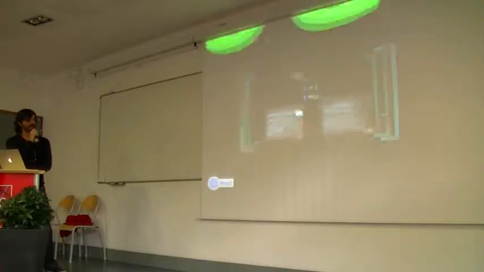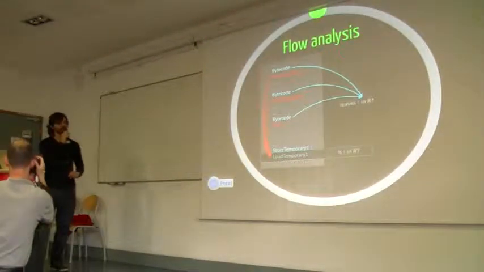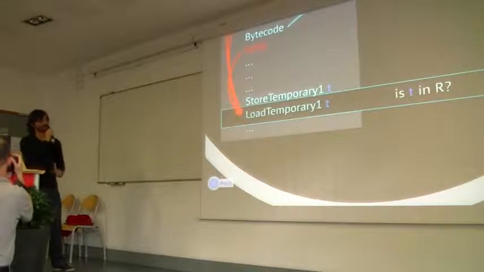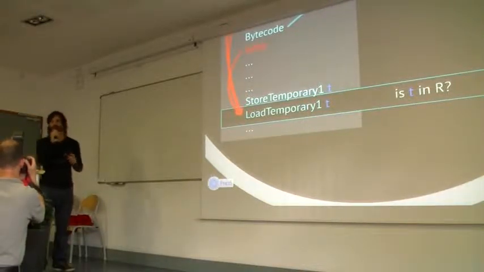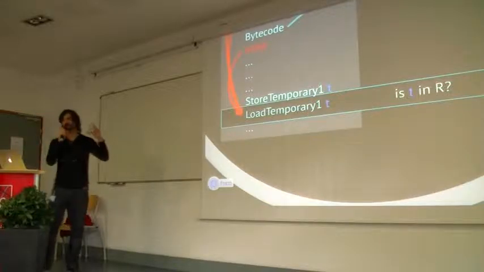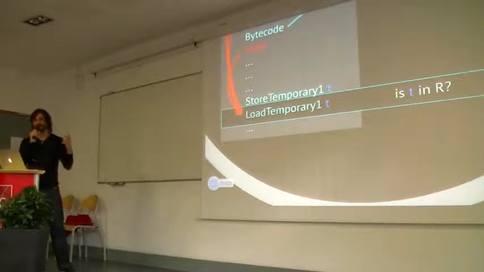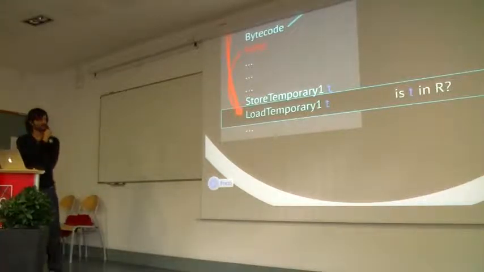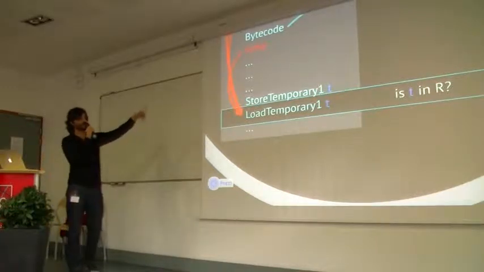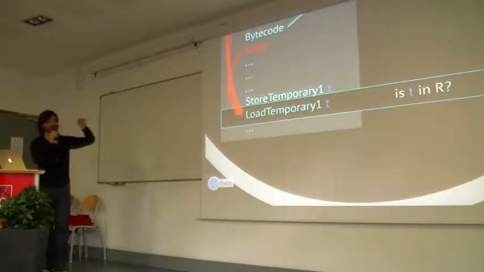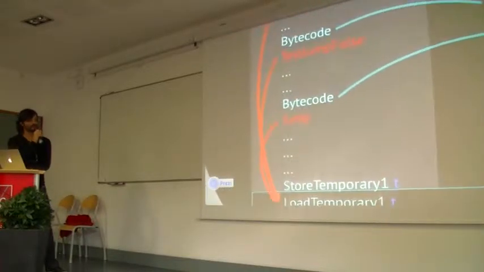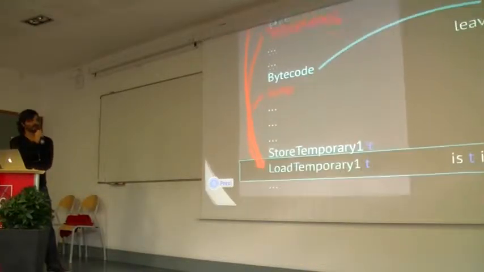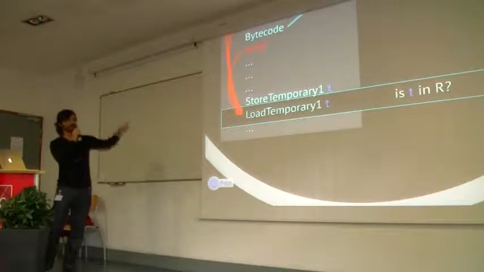But as I said, it is really important to carefully analyze every possible execution flow, because we have jumps. Jumps are bytecodes that are used for controlling the execution flow. So, for instance, if we have a method with the same situation as in the previous method, but we have jumps that land here, we wonder if t is in R at this point.